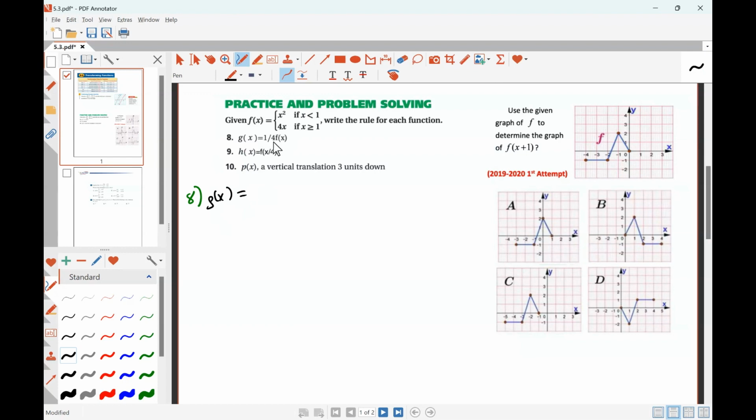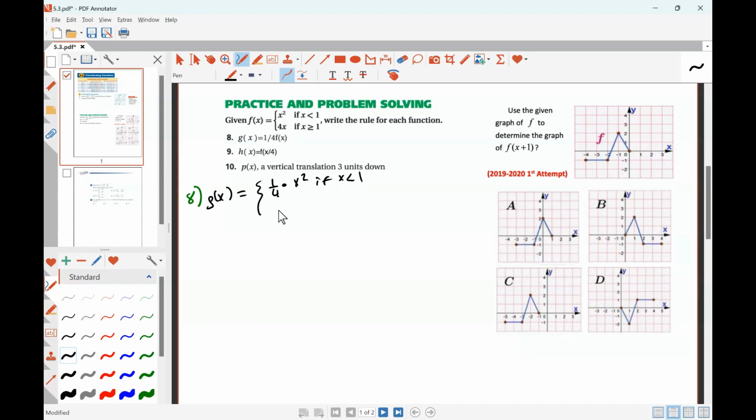When we have a vertical change, we don't multiply both input and output by the given number in front, we just multiply the result, the function, the output part. So multiply 1 over 4 by the result, x squared, if x is less than 1. You don't touch the interval part when the change is vertical.